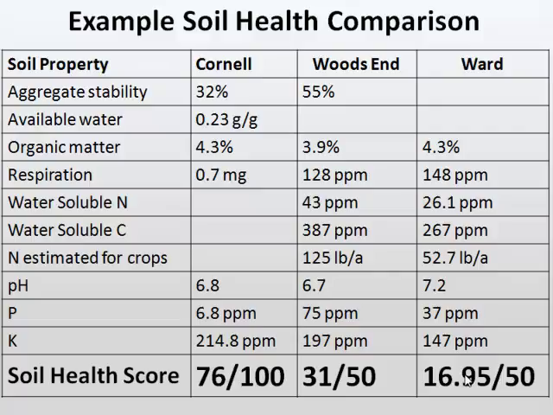And then Ward gave us a 17 out of 50. So really it's 76, 62, and 34. So what do we do with that, right? That's not very helpful. But what is helpful is knowing the values of any given test that they're giving us, and that's what we should be focusing on as a producer, right?